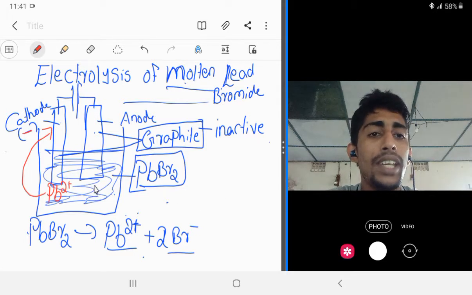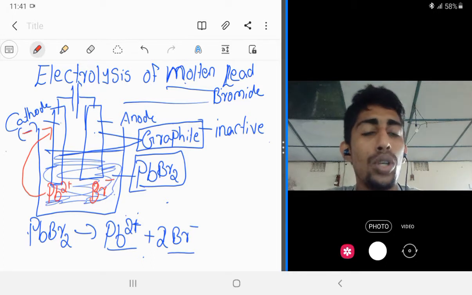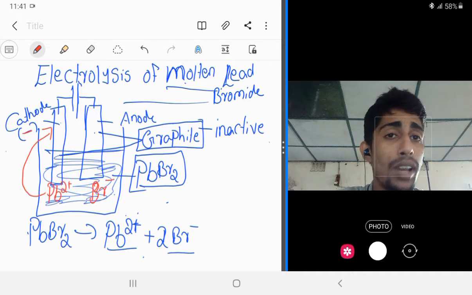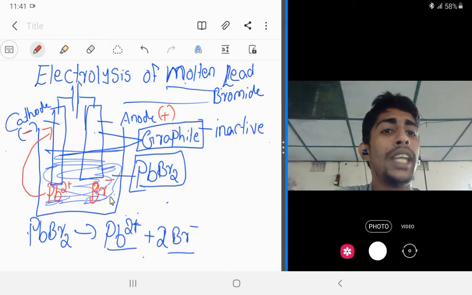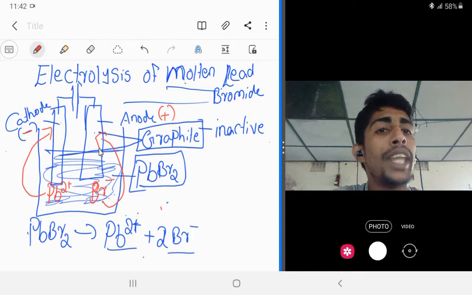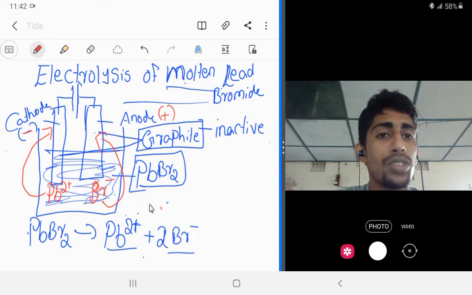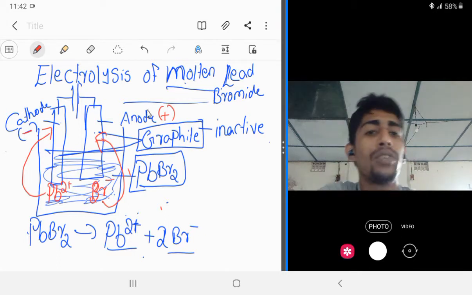The negatively charged bromine ions have to lose their electrons to become neutral. What is the charge of the anode? The anode has a positive charge, meaning a deficiency of electrons. The negatively charged bromine ions have excess electrons, so the bromine ions will move towards the positively charged anode. So cations will move to the cathode, anions will move to the anode. Clear?